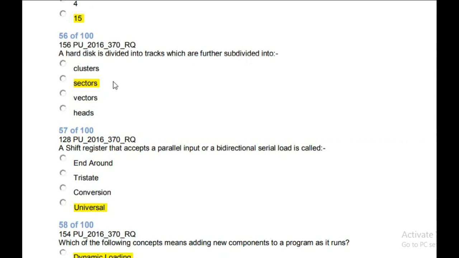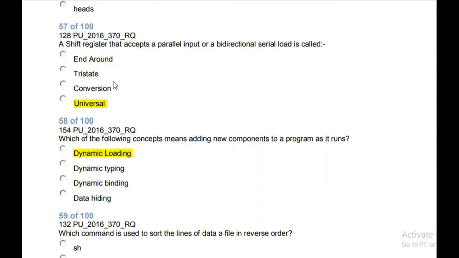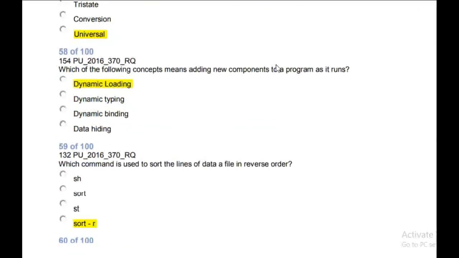A shift register that accepts a parallel input or a bidirectional serial load is called option D, universal.